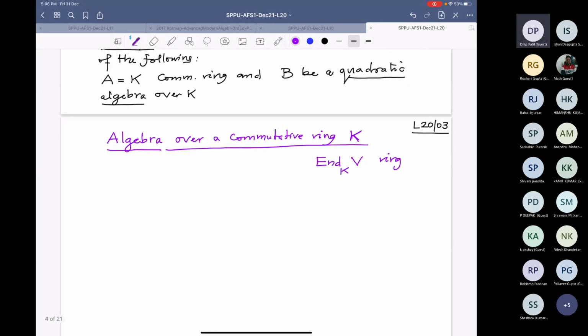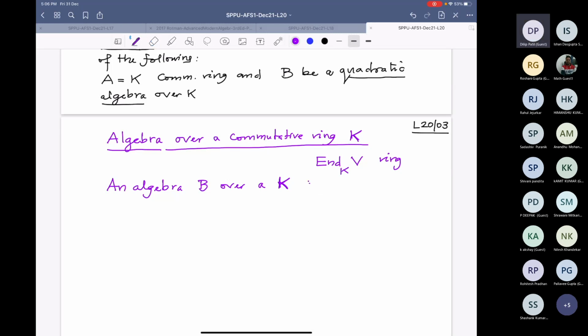Anyway, let me recall what is the algebra over a ring. So an algebra B over a ring K, where K is commutative, you can define it in two equivalent ways.